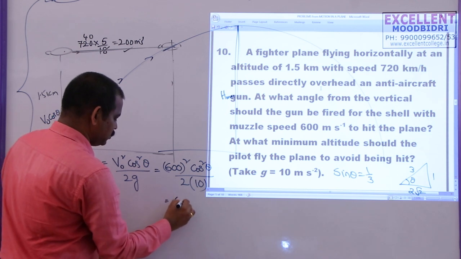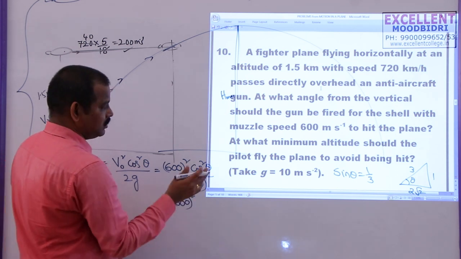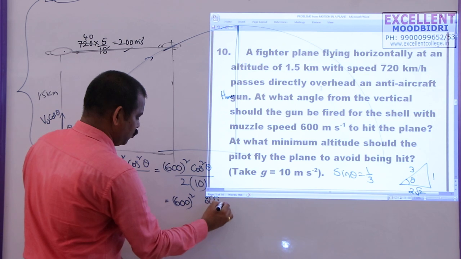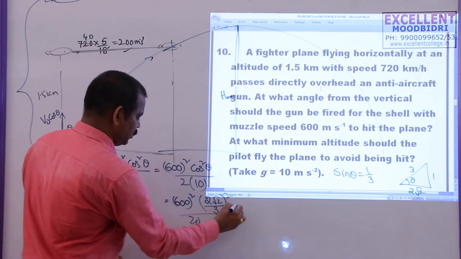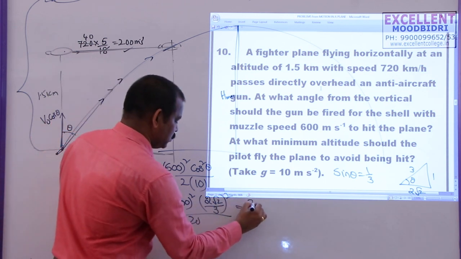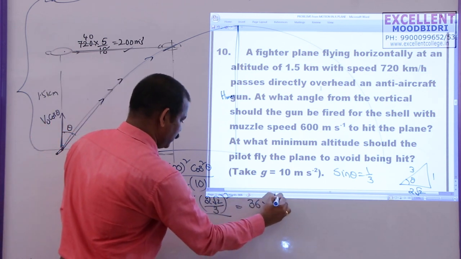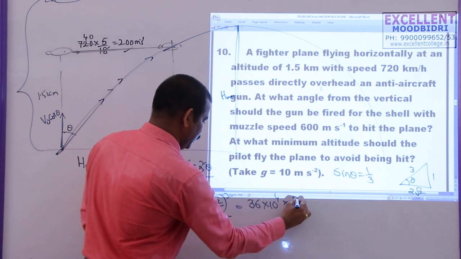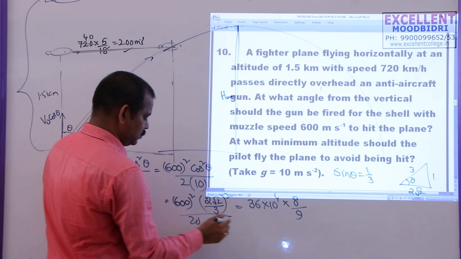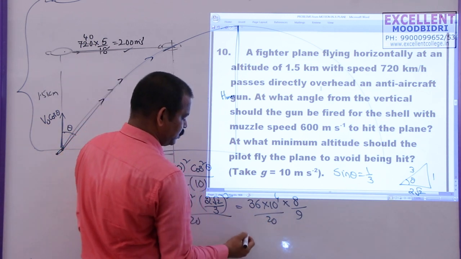So this will be 600 square, cos theta will be 2 root 2 by 3 whole square by 20. So 6 6 are 36 into 10 power 4. This is 2 root 2 whole square, that is 8 by 9. This is 20. So let me take this 20.